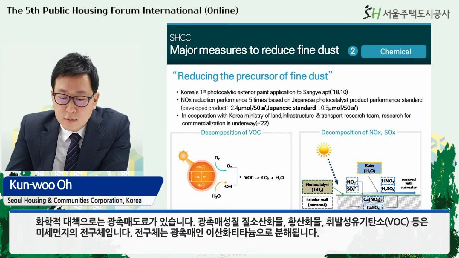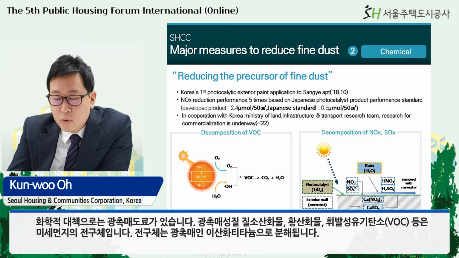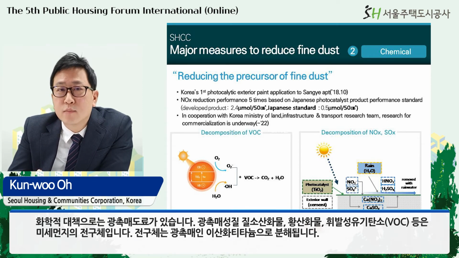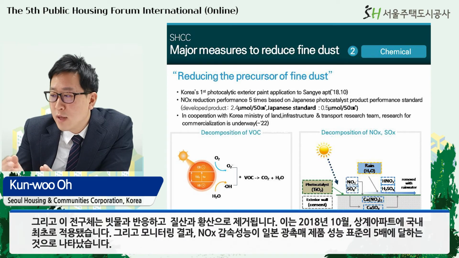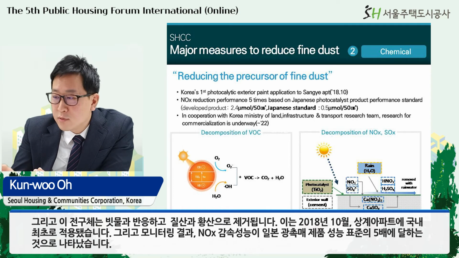As a chemical measure, there is a photocatalytic paint. The photocatalyst decomposes nitrogen oxide, sulfur oxide, and VOC, volatile organic carbons, which are precursors of fine dust. The precursors react with the titanium dioxide photocatalyst and rainwater, and are removed as nitric acid and sulfuric acid.